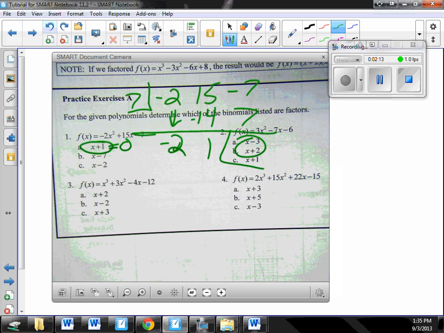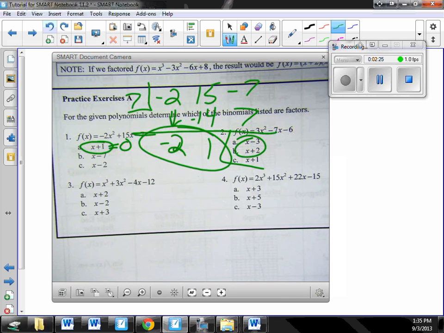Okay. Do I have to test C? How do you know C is not a factor? Well, what is the resulting equation? If I started with an x to the squared, x to the second, what is my resulting equation going to look like?